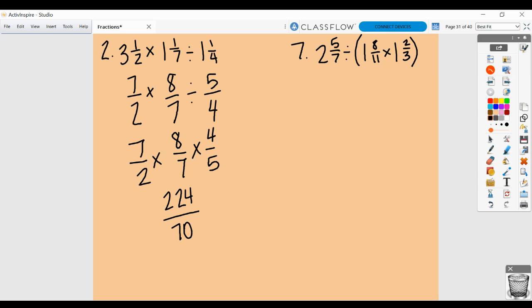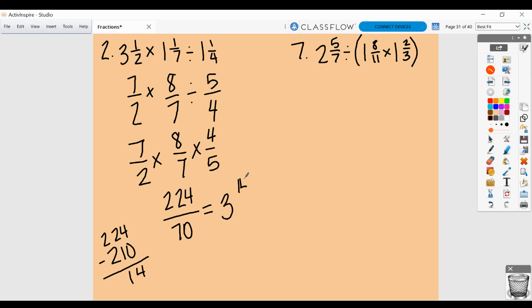So you want to change this back into a mixed number. So how many times does 70 go into 224? Goes into it 3 times. So 70 times 3 is 210. And you want to subtract that from 224. You get 14.